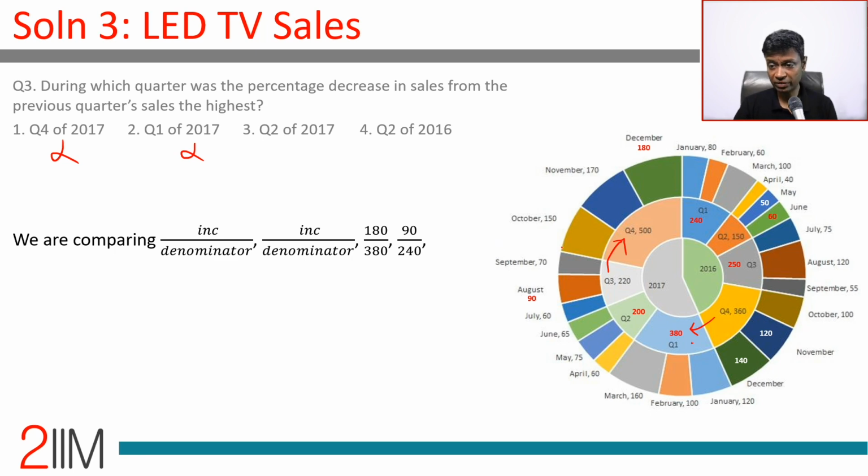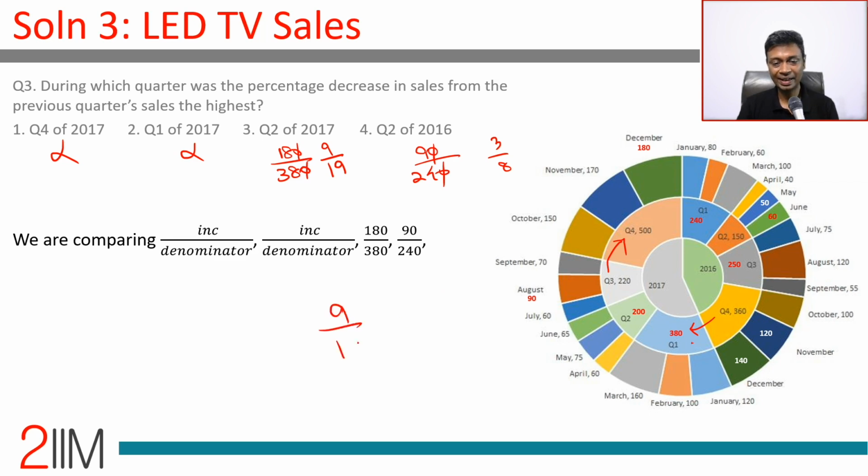It seems to be a very simple question. Q2 of 2017. It is down by 180 on 380. This is 180 by 380, or 18 by 38, 9 by 19. Q2 of 2016, here from 240 to 150, a decrease of 90 on a base of 240. 9 by 24 or 3 by 8.